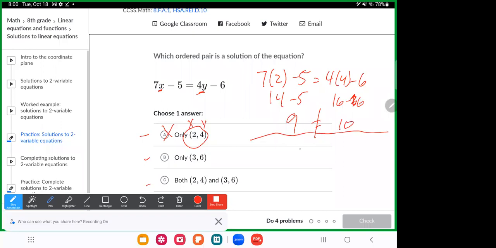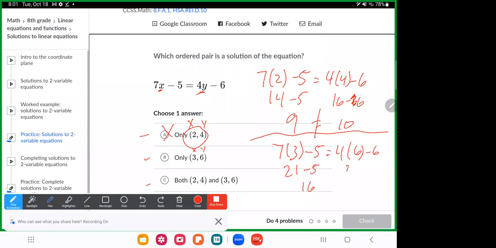But let's try 3, 6. So we would just substitute 3 in for x, 6 in for y. So do that. 4 times 6 minus 6, and then we calculate. 21 minus 5 is 16.